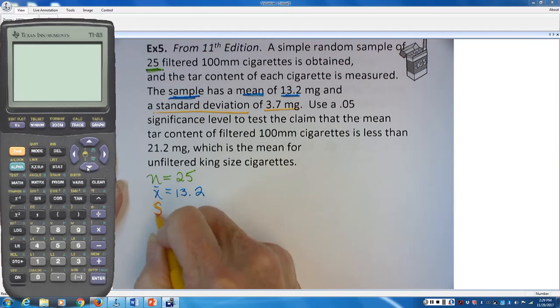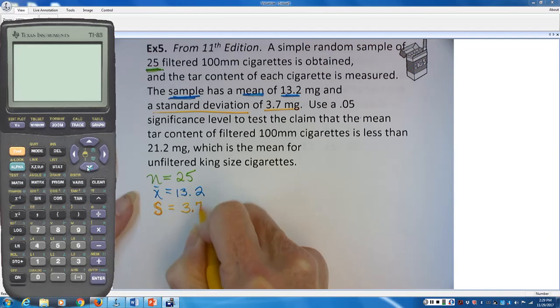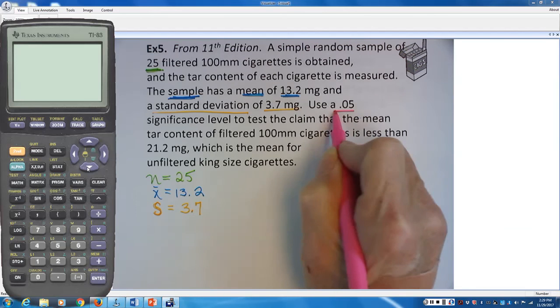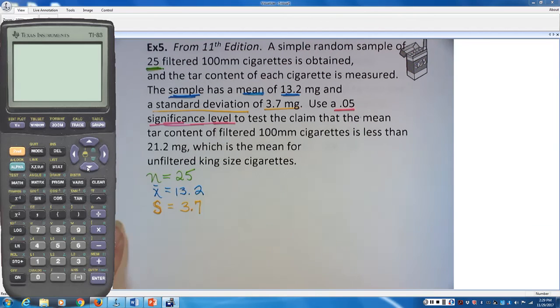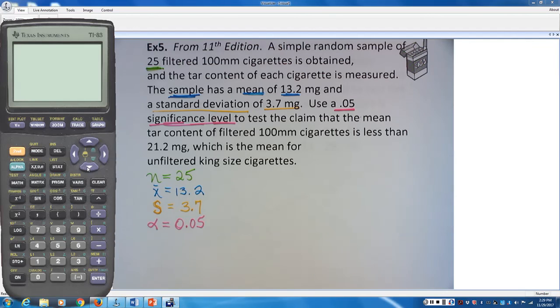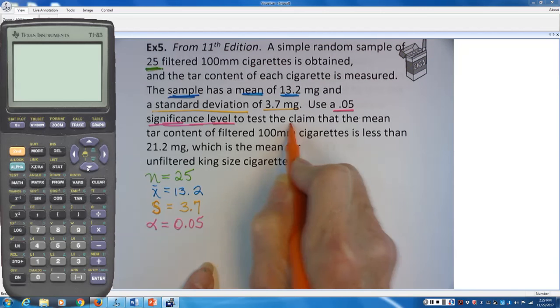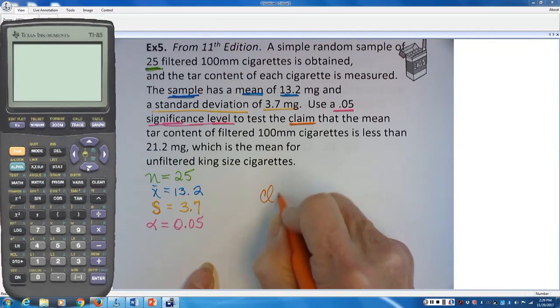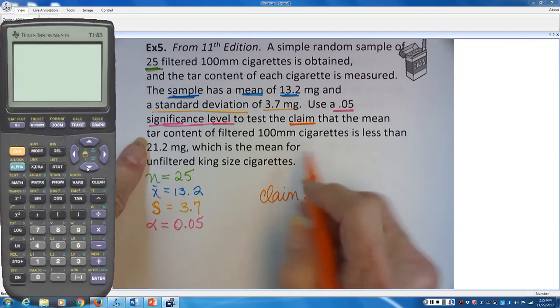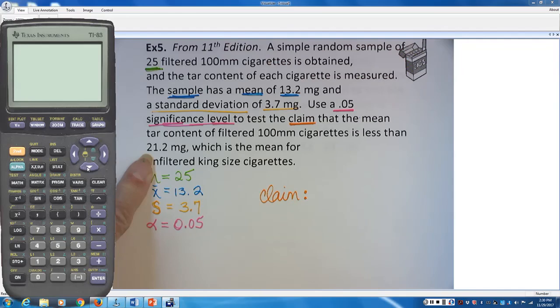Remember, that came from the sample, so that's S. Use a 0.05 level of significance to test the claim that the mean tar content of those cigarettes is less than 21.2 milligrams.